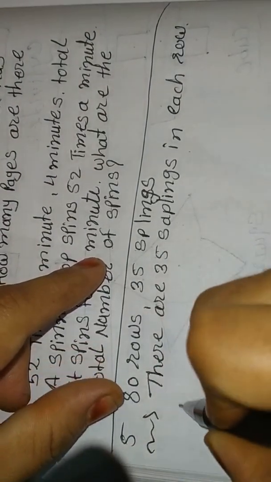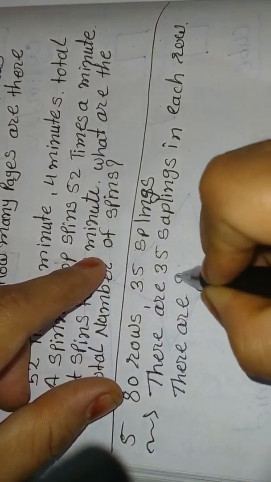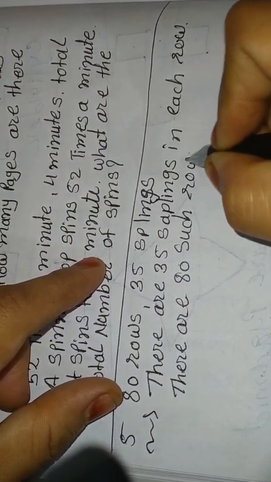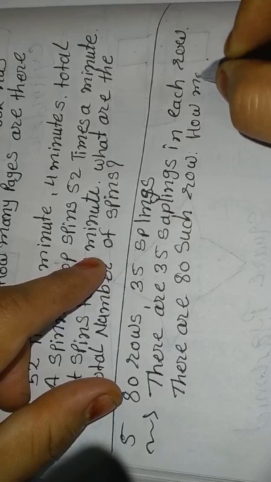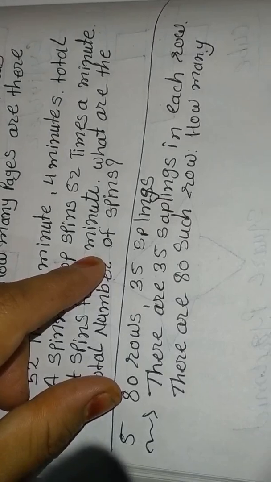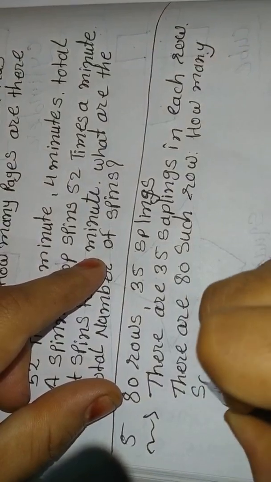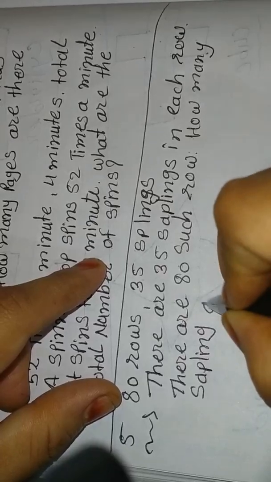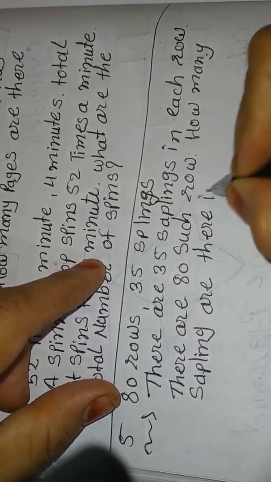There are 80 such rows. How many swings are there in all?